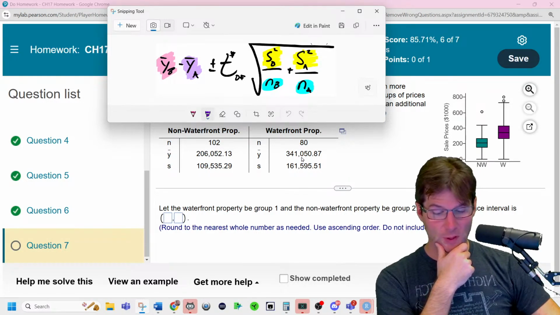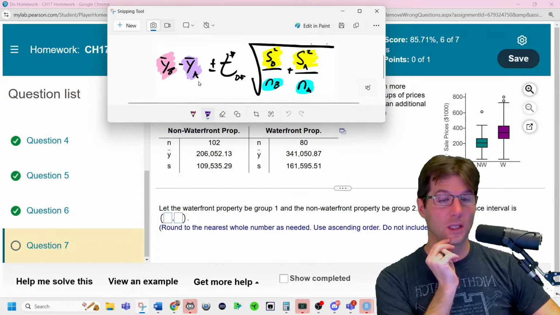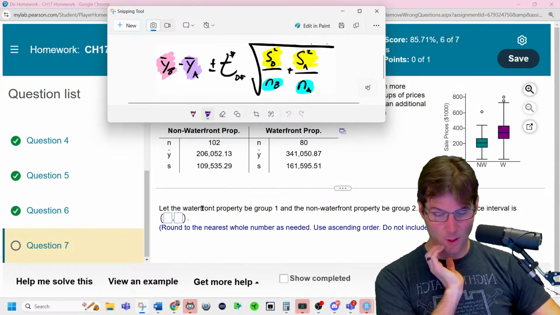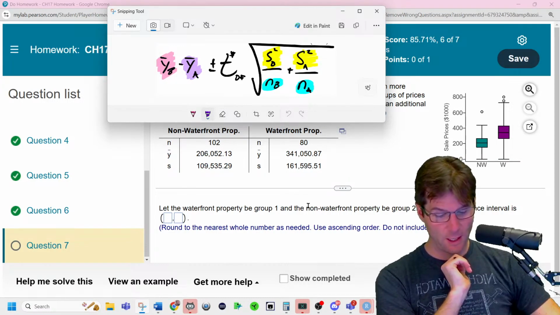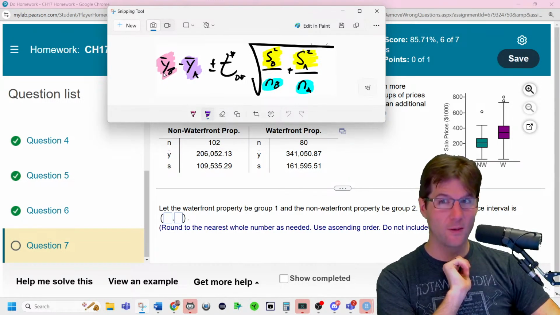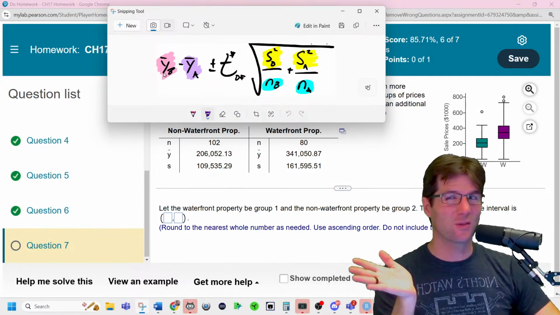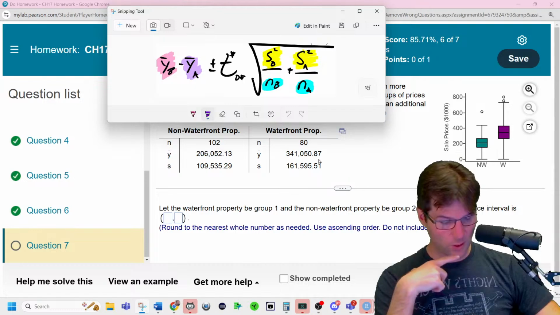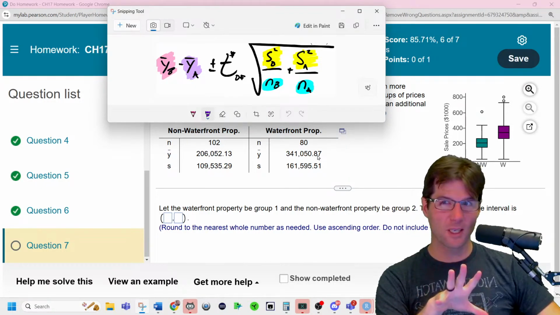So you're going to get like 300,000 minus 200,000. The difference is going to be positive, because it says let waterfront be group 1 and non-waterfront be group 2. It reverses the order, and that's usually what gets people. It's ridiculous that it does that, but if your values look this way, you will get a positive difference. Does that make sense?